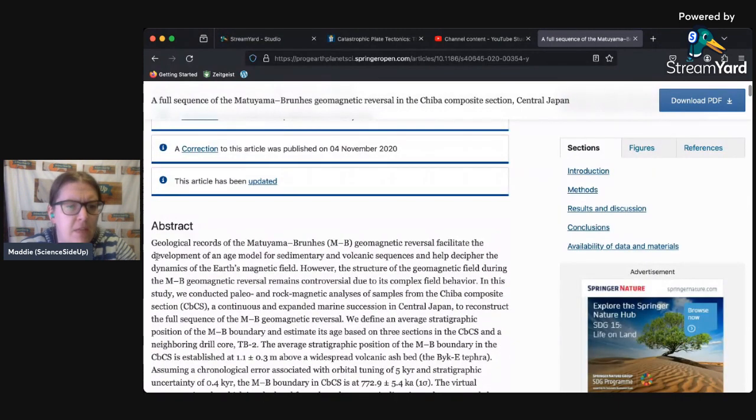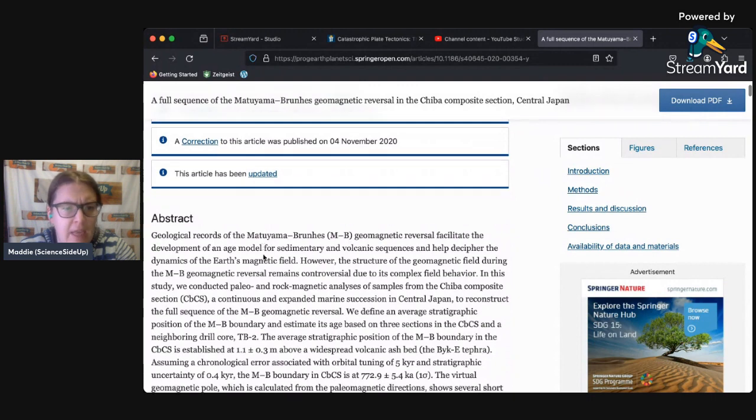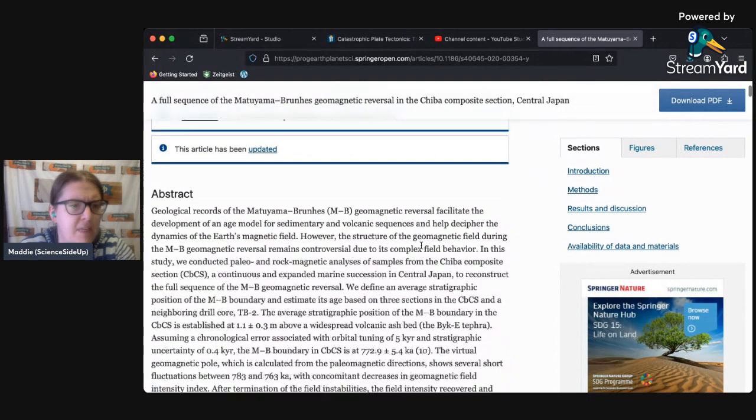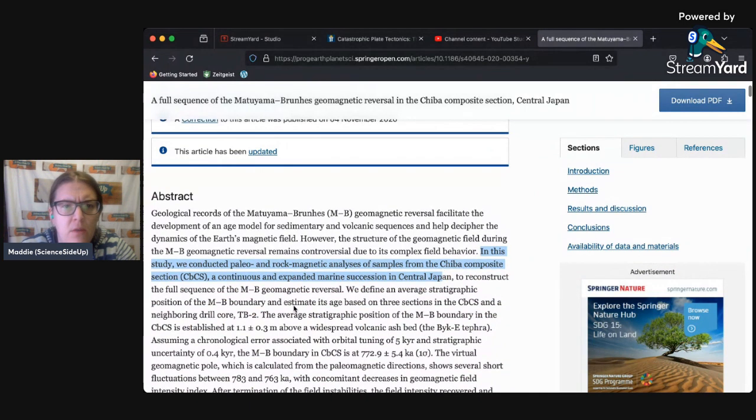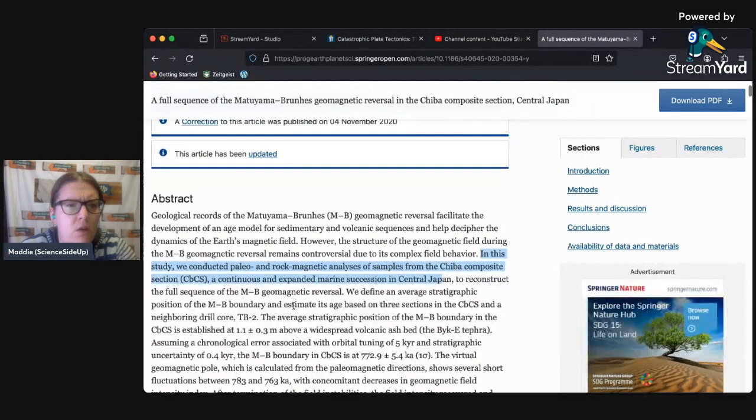A development of the age model for sedimentary and volcanic sequences and help decipher the dynamics of Earth's magnetic field, the structure of the geomagnetic field during the MB geomagnetic reversal remains controversial due to its complex field behavior. So this is a thing in paleomagnetism where there was a geomagnetic reversal.